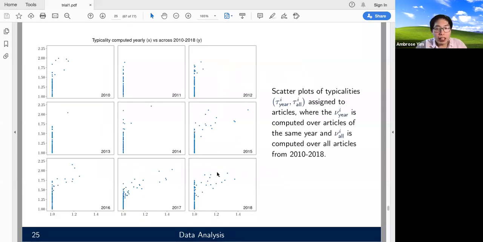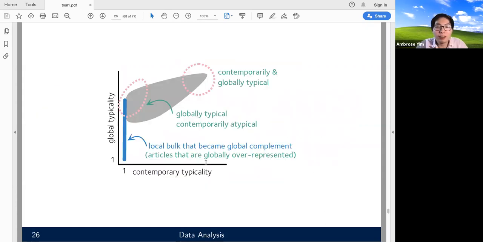We can do this for weights, and for typicalities. And again, this looks like the same plot, but with the axis flipped over. These look like if you take some dandelion and blow on it, and you see the scattering of seeds. And so the blue line again represents the local bulk that becomes the global complement.